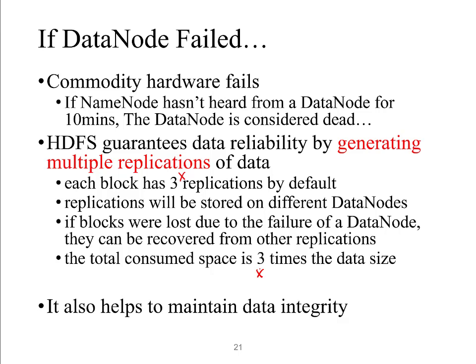The name node would then create new replicates from the good replications and delete the corrupt copies. In such a way, the data integrity is maintained.